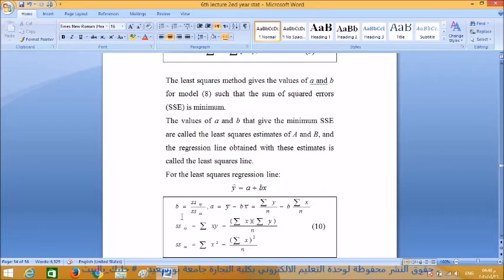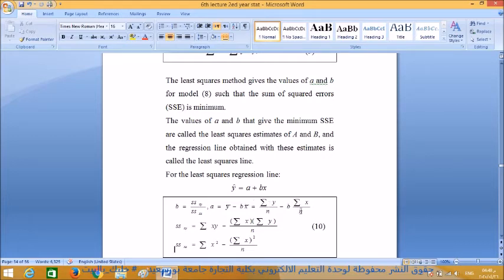Okay, b equals SSXY divided by SSXX, and a equals y bar minus b x bar. You know that y bar, the mean of y, equals sigma y over n, and x bar, the mean of x, equals sigma x over n.